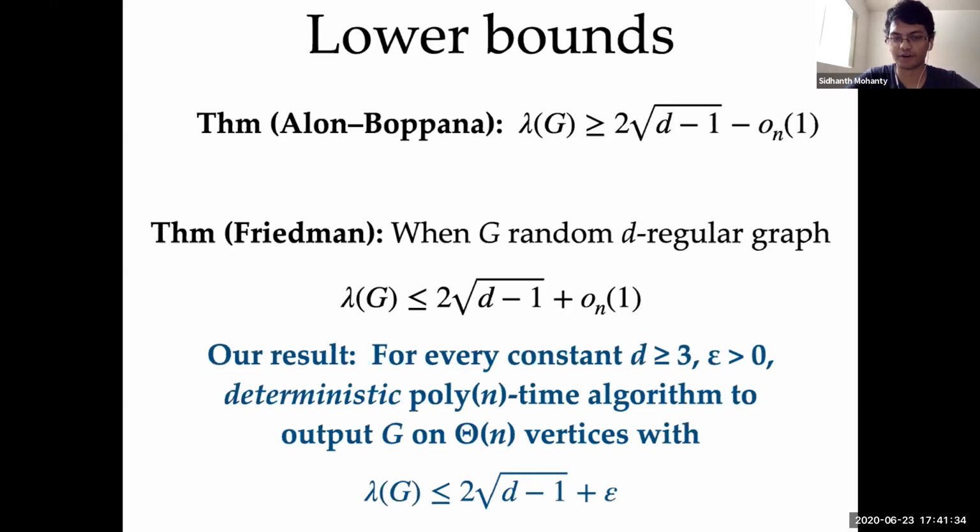Our result can be seen as a de-randomization of Friedman's theorem, where we give a deterministic algorithm with the following properties. It runs in polynomial n time. And if you give me an n, this algorithm can give you a graph on roughly n vertices, where the spectral expansion is arbitrarily close to meeting the Alon-Boppana bound.